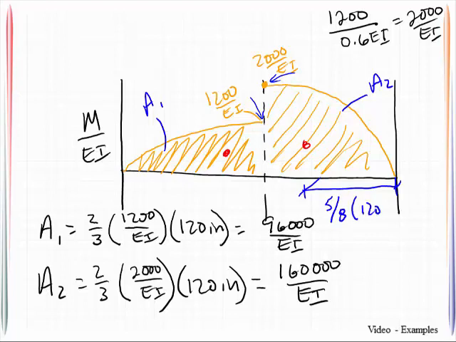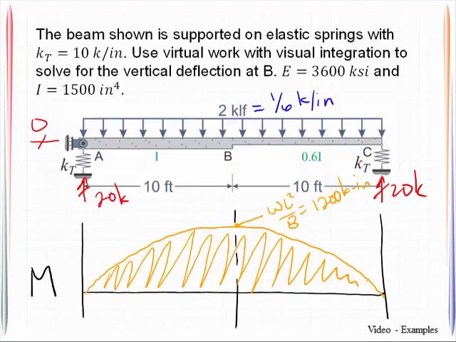So if the distance is 120 for segment BC, that's what we've got going there, and also here. 5/8 of 120.